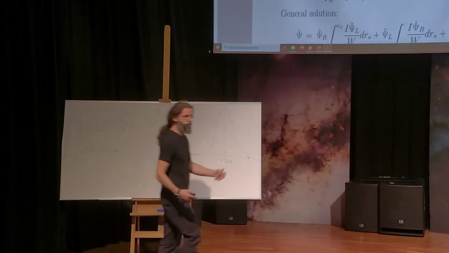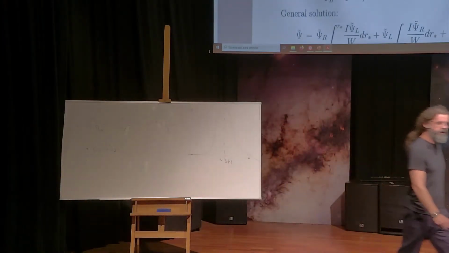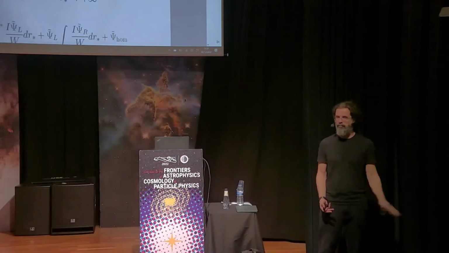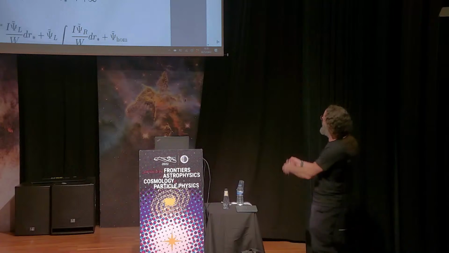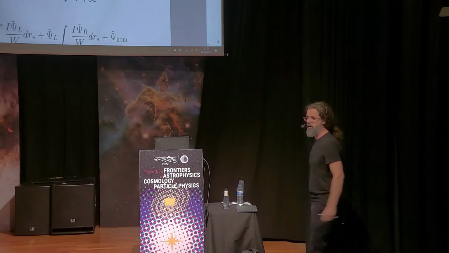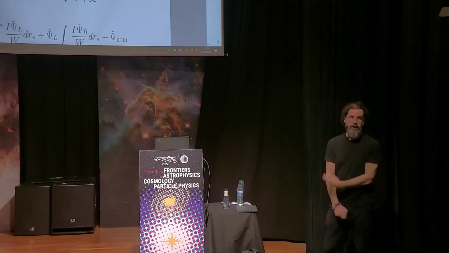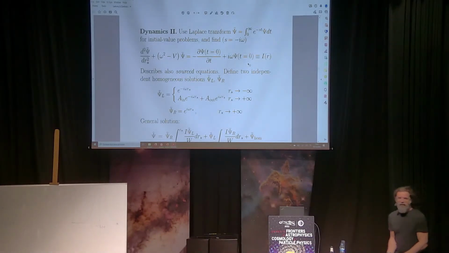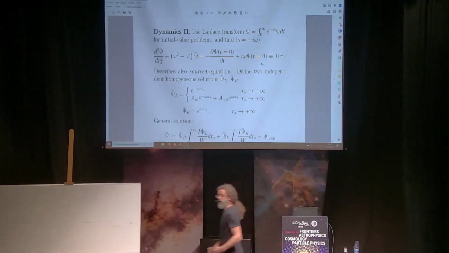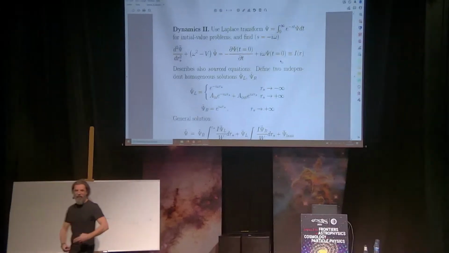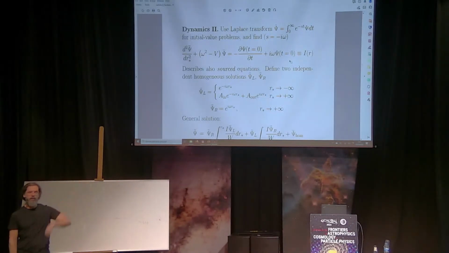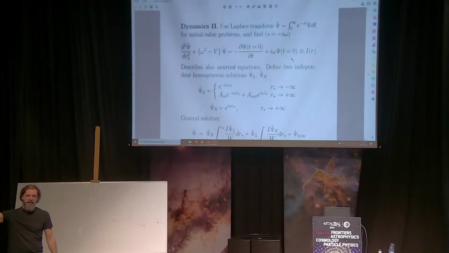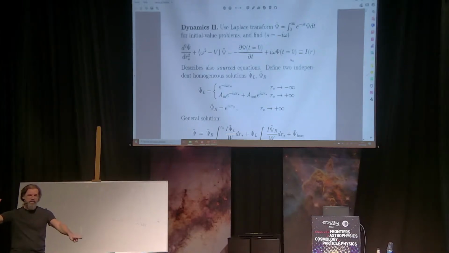To solve this, we need to impose boundary conditions. The boundary condition is everything that gets close to the horizon should just enter the horizon. So ingoing waves at the horizon. And at infinity, I need to know exactly what's going to happen. Now, there's different things that physically could happen. There could be somebody far, far away from the black hole waving his hand, generating waves that travel inwards.